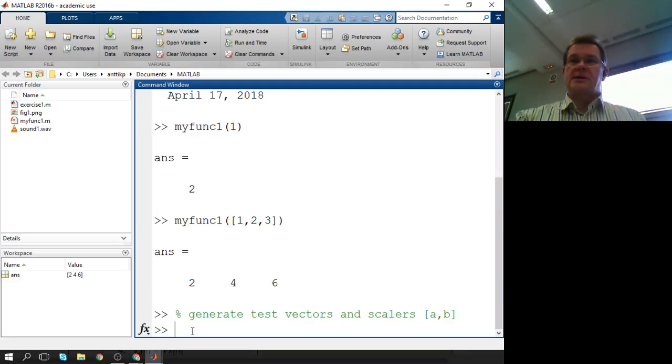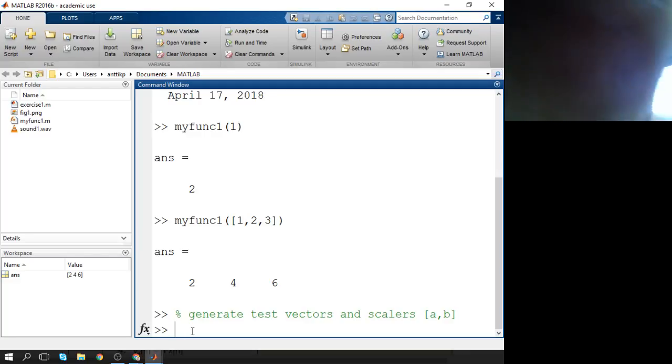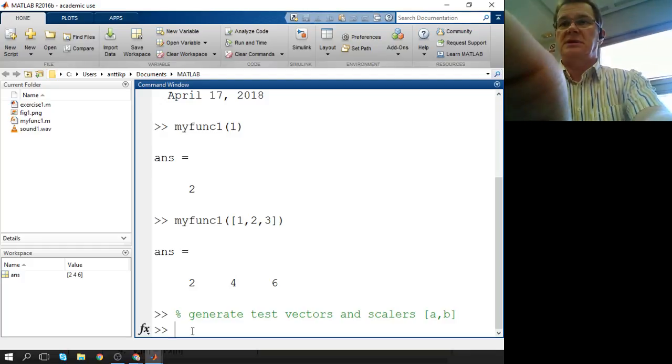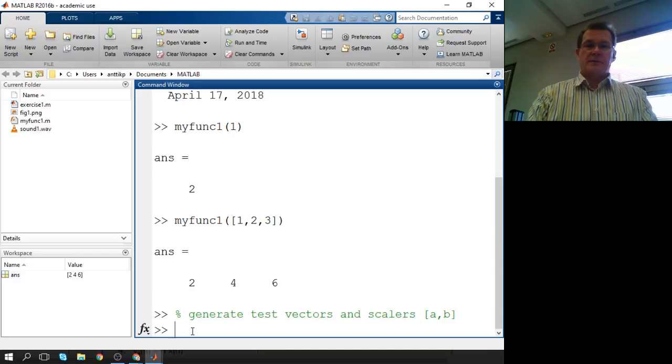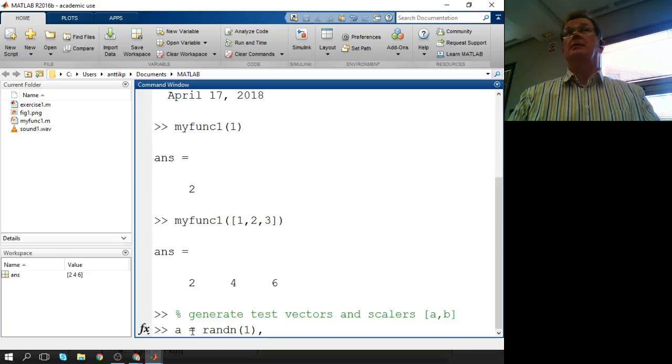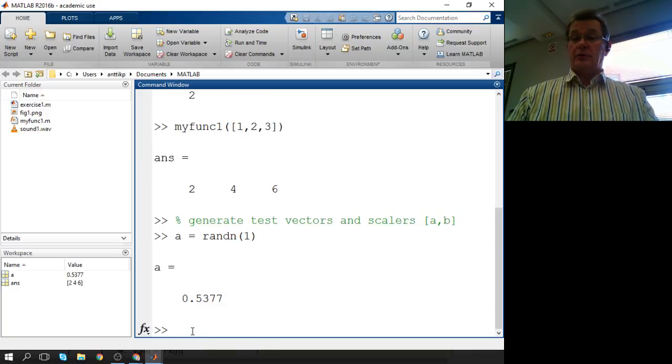Setting up my system. Okay, so for example, a scaling factor could be randn, just one random value. Yeah, that'll do.